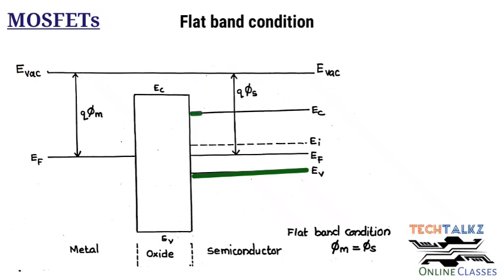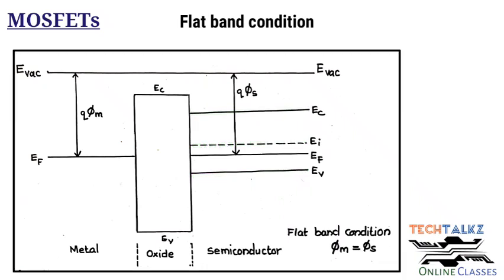And this is the conduction band energy level, EC, and this is EI, the intrinsic energy level. That means it is the Fermi level position in the band gap of an intrinsic material, EI. So this condition is called the flat band condition. And there is no accumulation of charge in the metal or in the semiconductor.